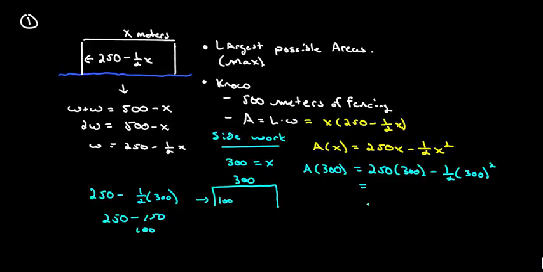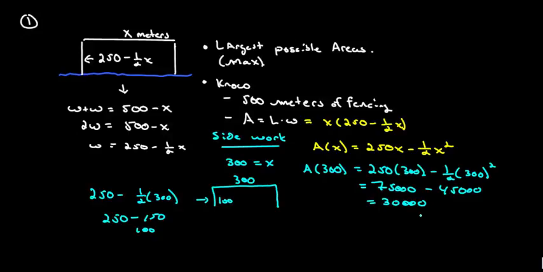So if we do this math out, we have 250 times 300, so this is 75,000, minus 300 squared divided by 2, so minus 45,000, and that ends up being 30,000.